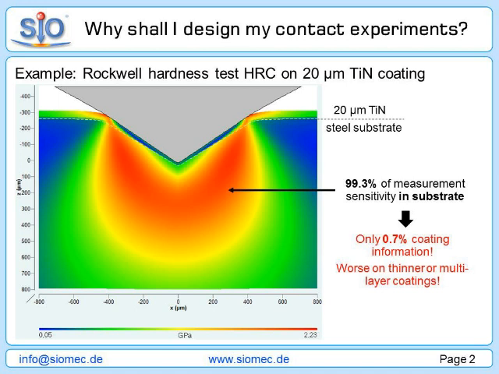For instance, the Rockwell hardness test HRC, performed on a 20 micrometer thick titanium nitride coating, would result in the main stress field located deep down in the substrate, resulting in the sensitivity of the measurement also being deep down in the substrate.